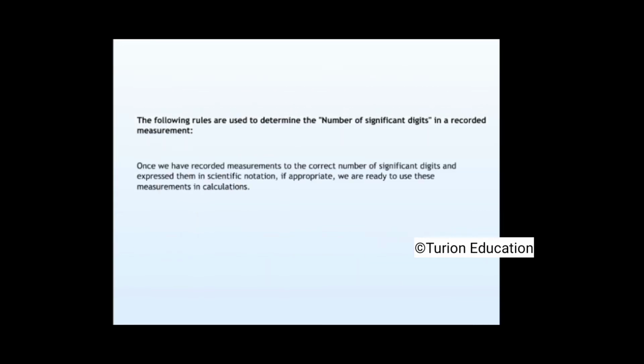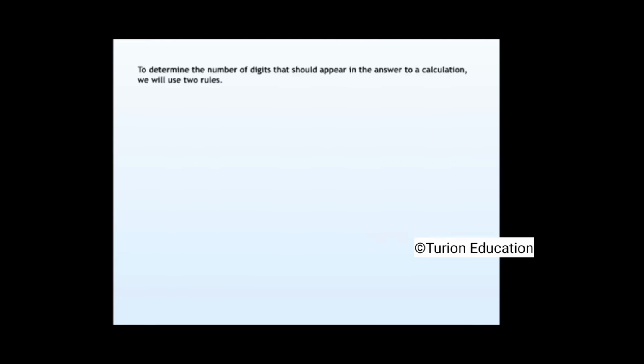Once we have recorded measurements to the correct number of significant digits and expressed them in scientific notation, if appropriate, we are ready to use these measurements in calculations. To determine the number of digits that should appear in the answer to a calculation, we will use two rules. In addition and subtraction, the answer may contain only as many decimal places as the least accurate value used in finding the answer.